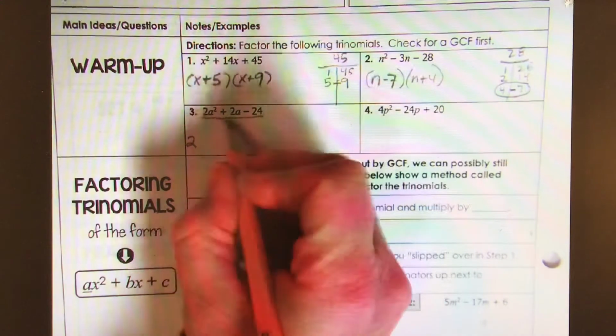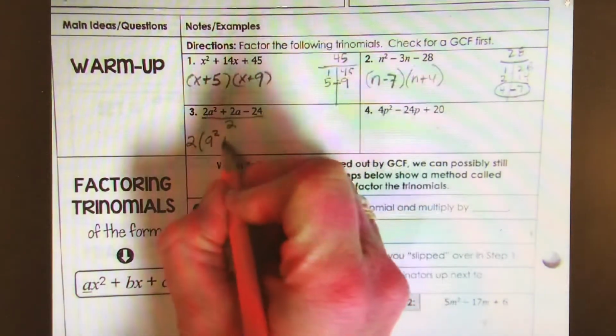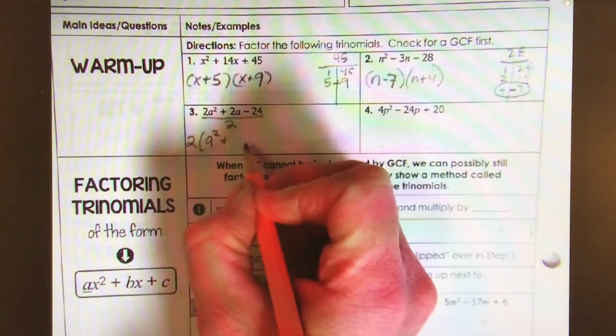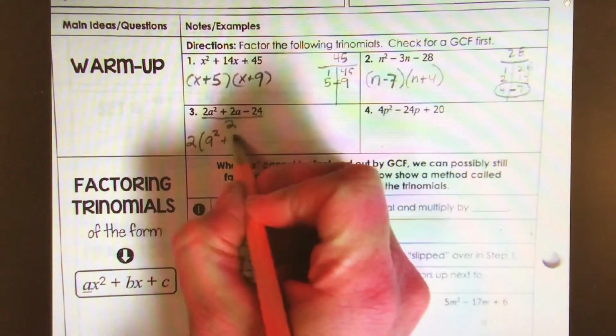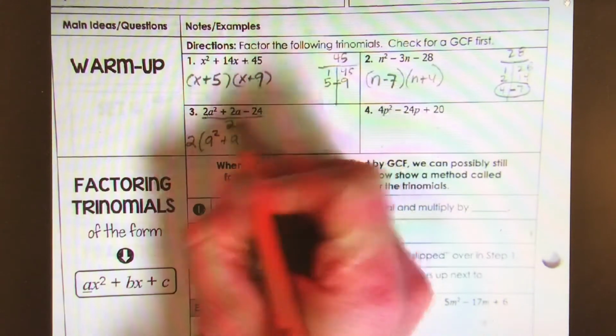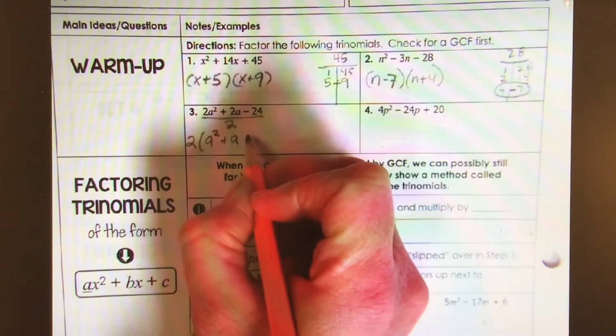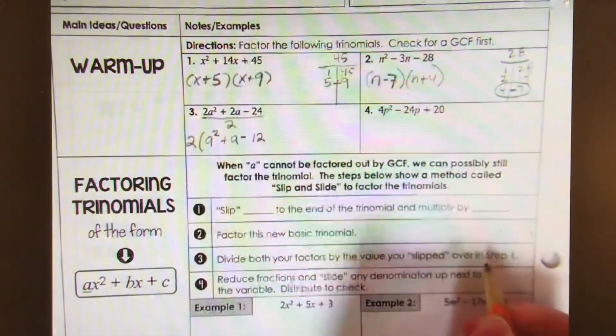So if I take 2 out of this, I'm going to have a squared plus, well, look at that, I have 2a over 2. And then 24 divided by 2 is 12, right? Okay.